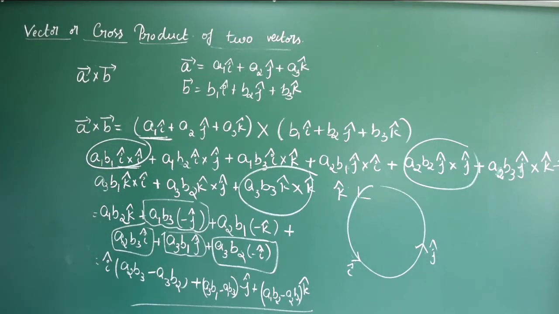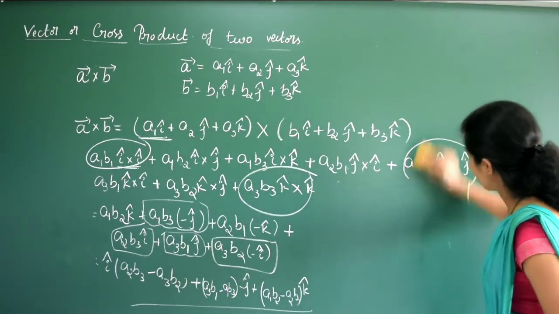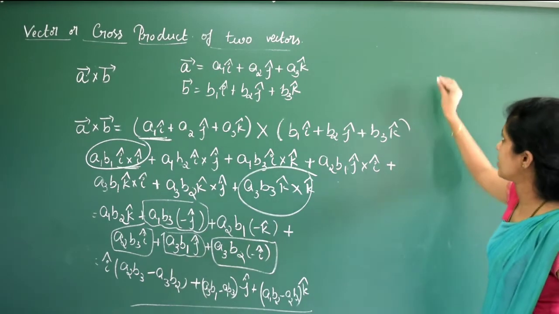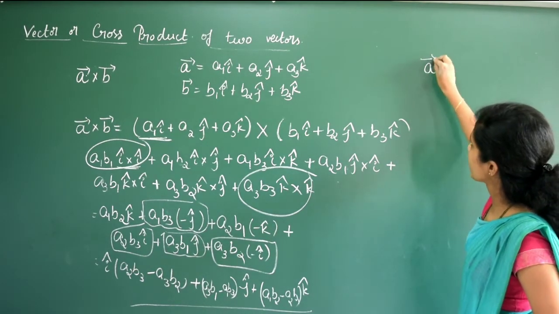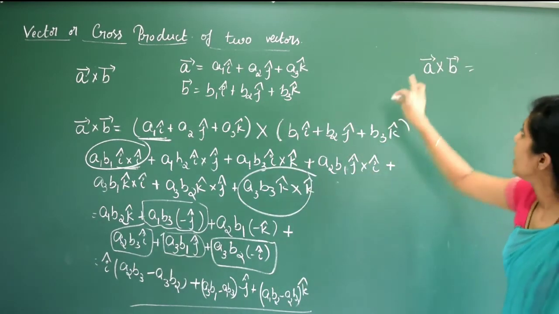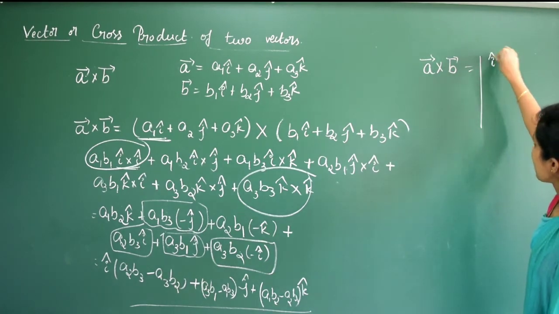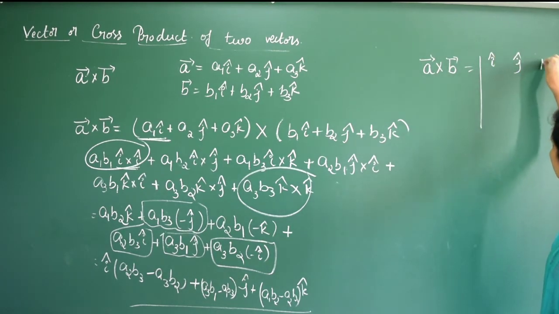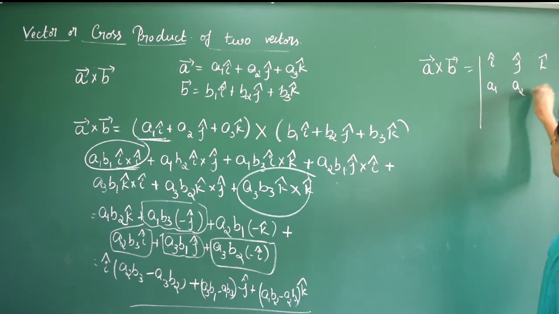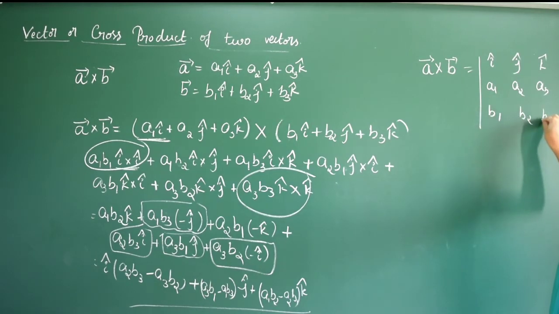To find this one, we have to use determinants. You don't need to worry about these things, but you should know the proof also. Two vectors are given. A vector cross B vector is the determinant of i cap, j cap, k cap, then the coefficients a1, a2, a3, b1, b2, b3.